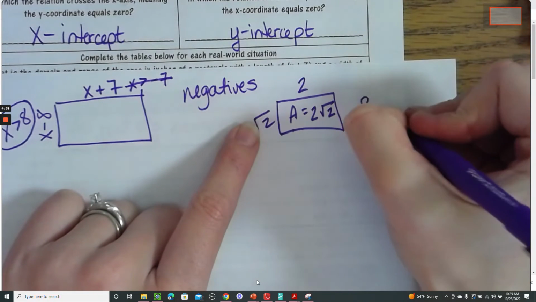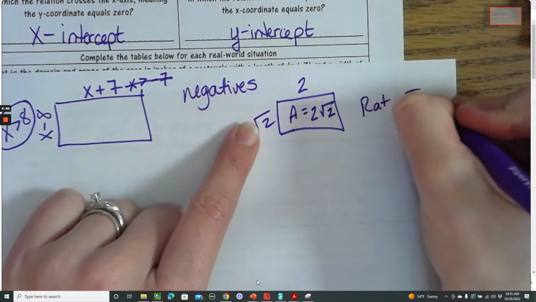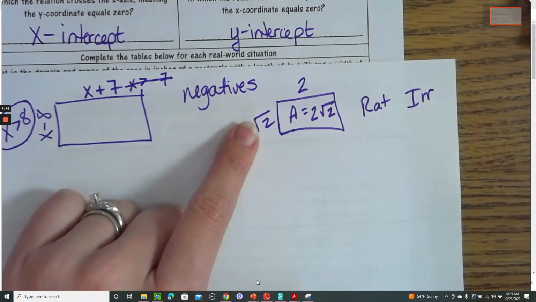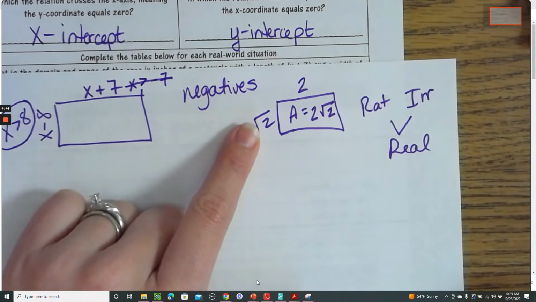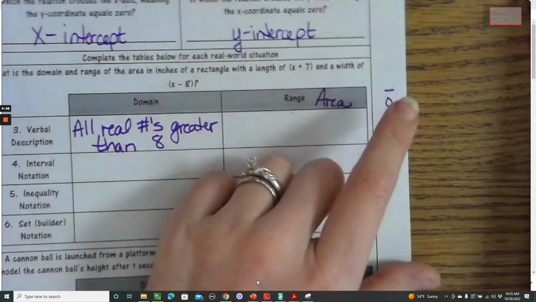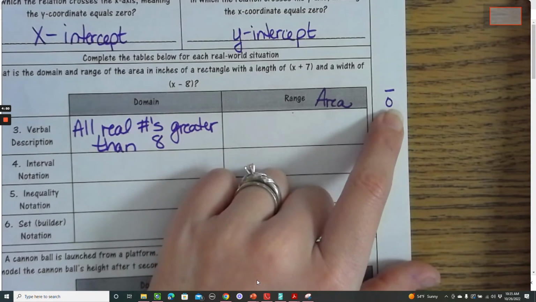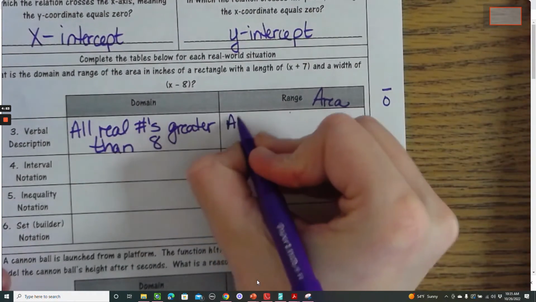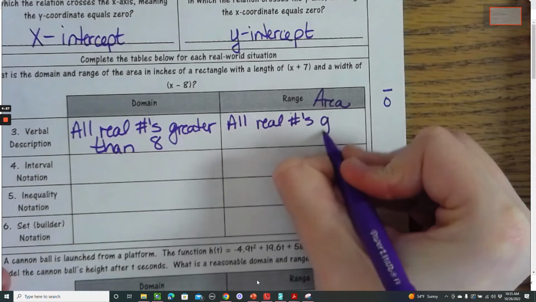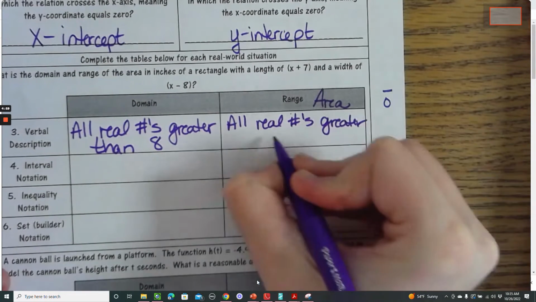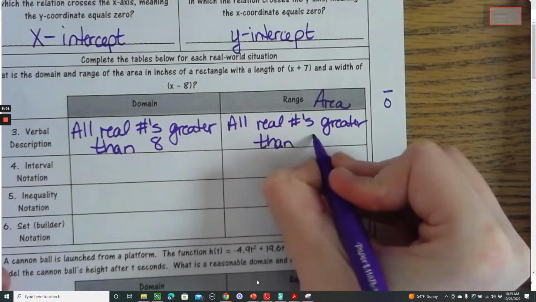So all the rational numbers and all the irrational numbers means we're talking real numbers. With the parameter, it's got to be greater than 0. So all real numbers greater than 0.